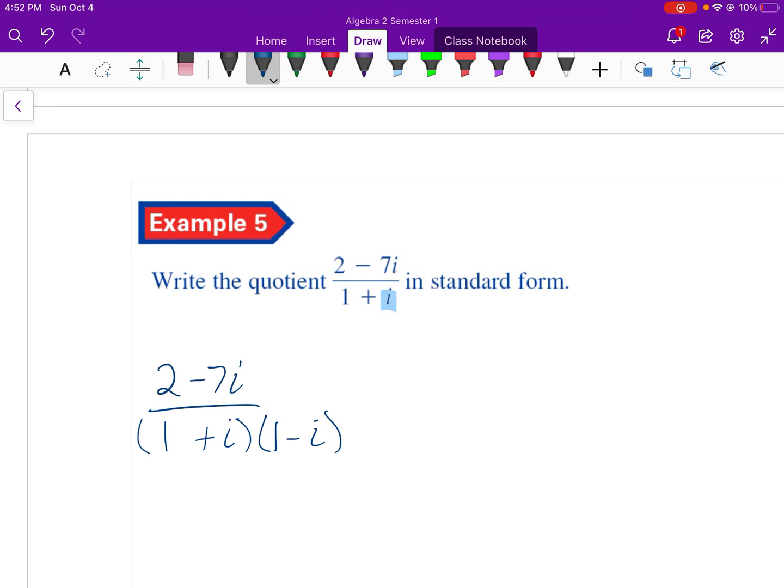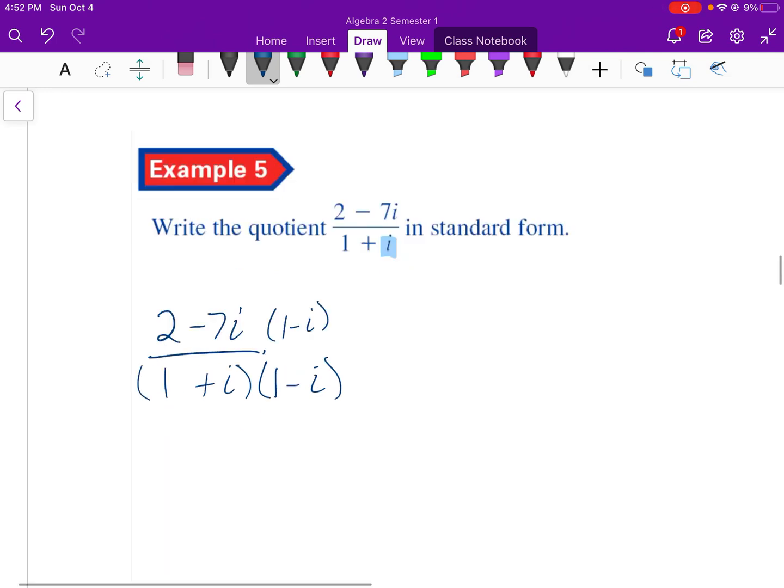Now, whenever we multiply a fraction like this, you need to make sure to multiply both top and bottom. Because when I do that, 1 minus i over 1 minus i is just 1. So we are really just changing the way it looks. We're not changing the value of it.